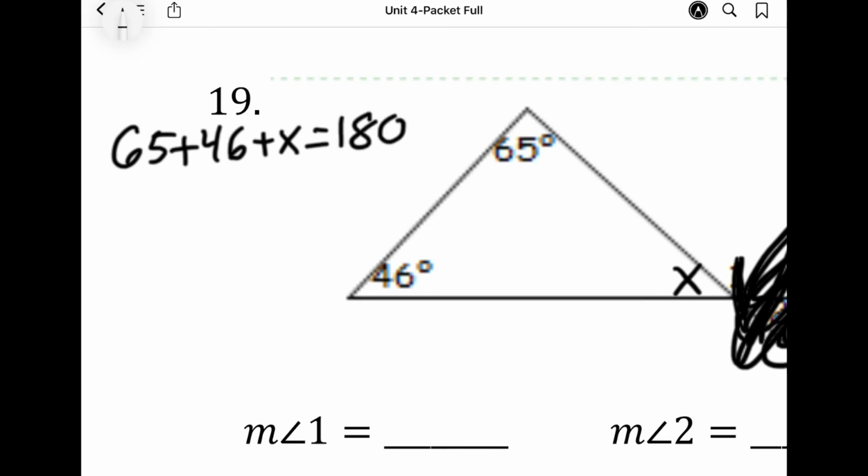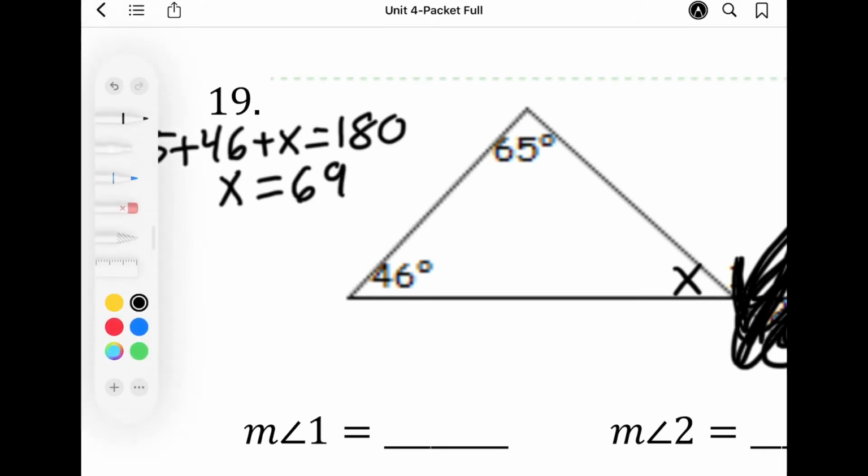We're going to combine everything and get x by itself, and we're going to get x equals 69. So now we know this angle is 69.